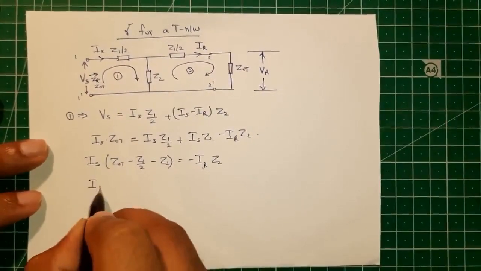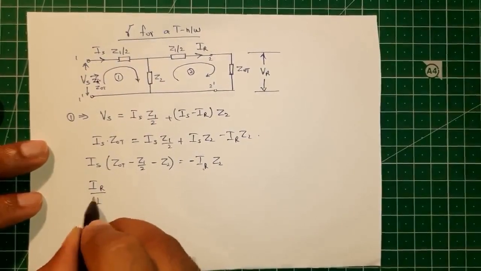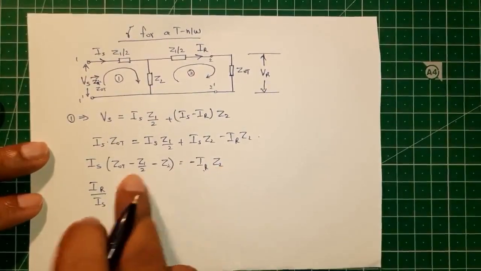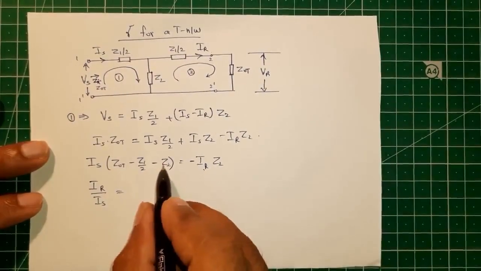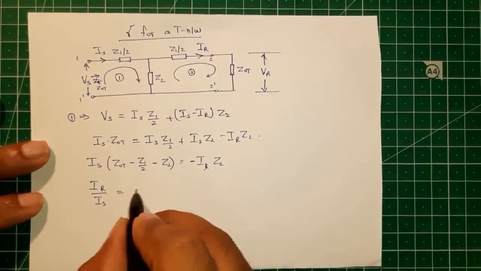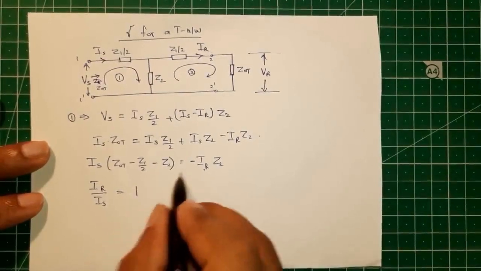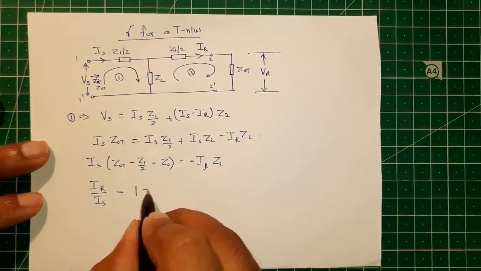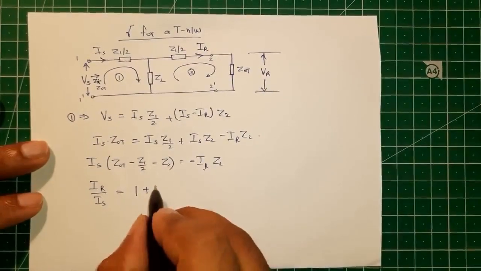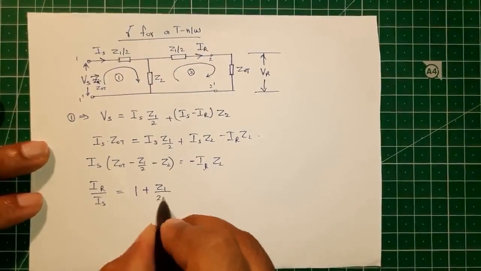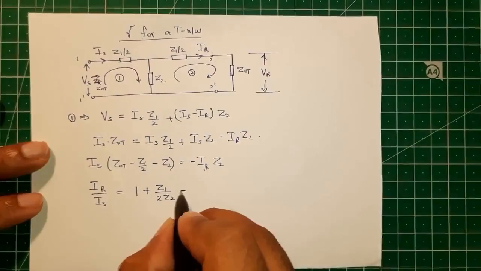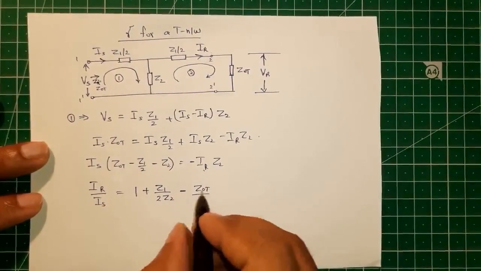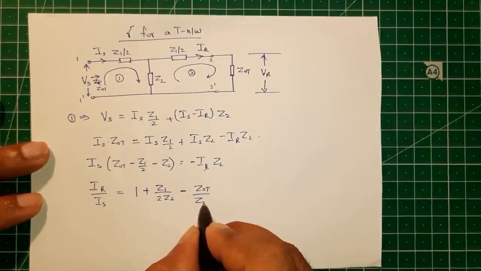So IR upon Is is equal to, and this Z2 will come here. So Z2 by Z2 will be equal to 1, minus will be cancelled, plus Z1 by 2 Z2 minus Z0 T by Z2.